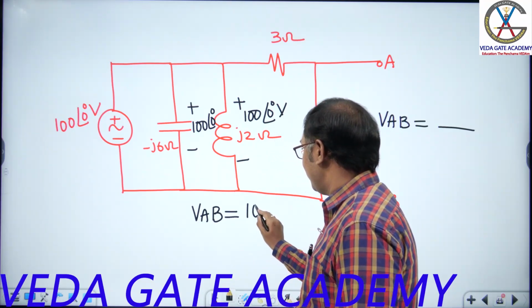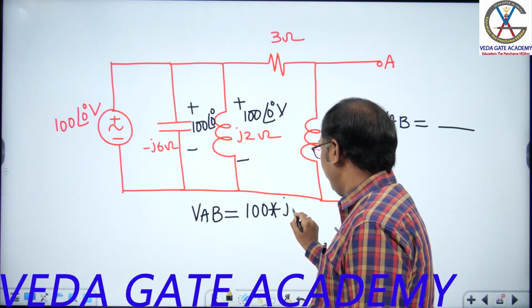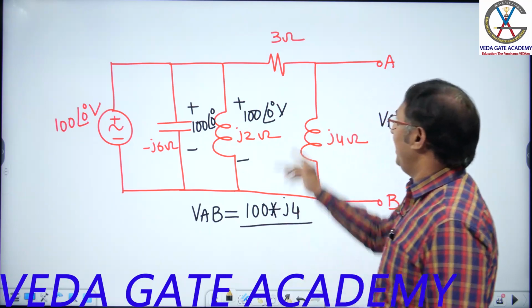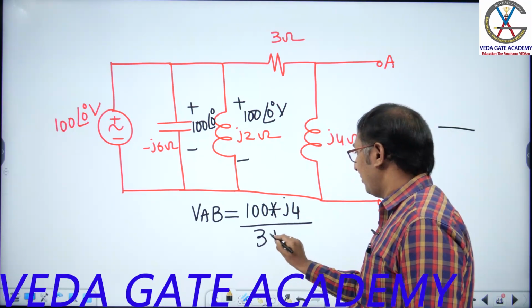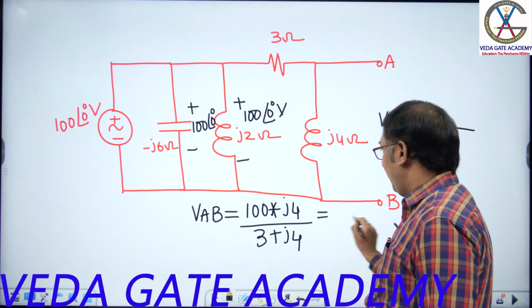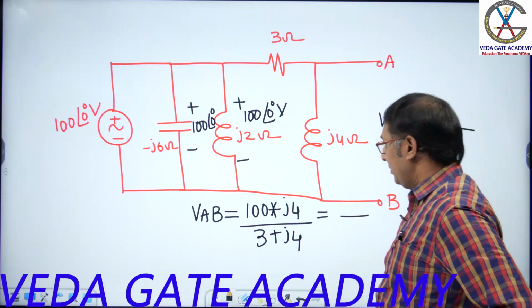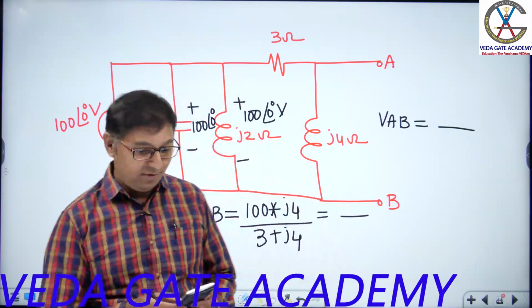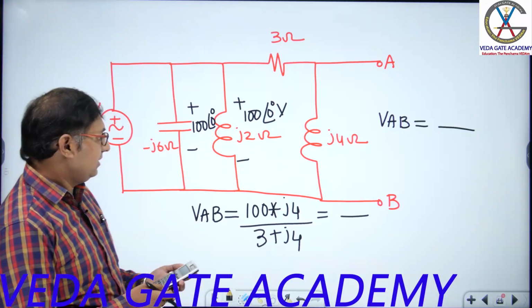VAB is 100 into the respective J4 by total 3 plus J4. How much? 400 by 5, which is some 80.